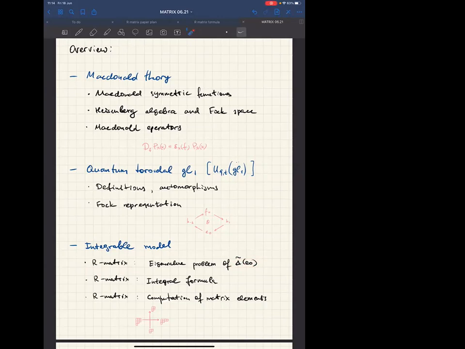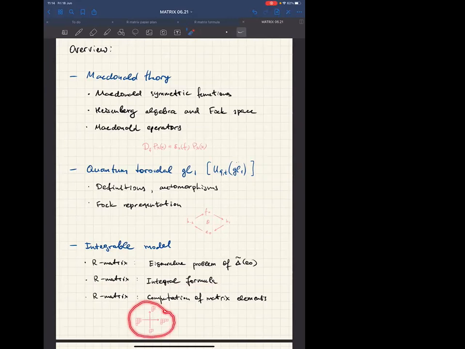And then I will go on and explain a formula that comes out from a work of Andrei Neguts. This is an integral formula for a part of the R-matrix. And finally, I will evaluate the R-matrix and explain how to compute its weights. This picture shows what sort of vertex model you should expect in this case.